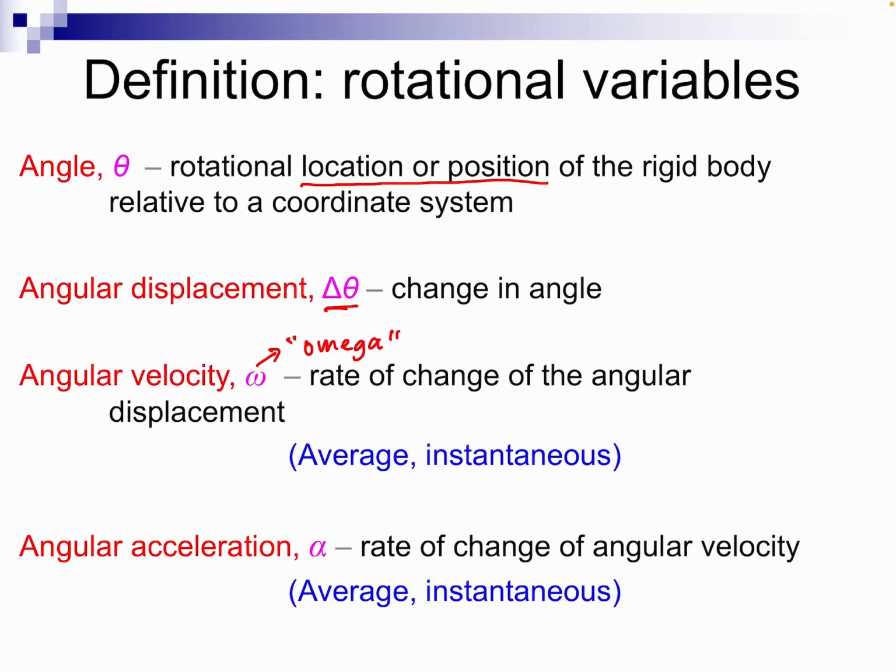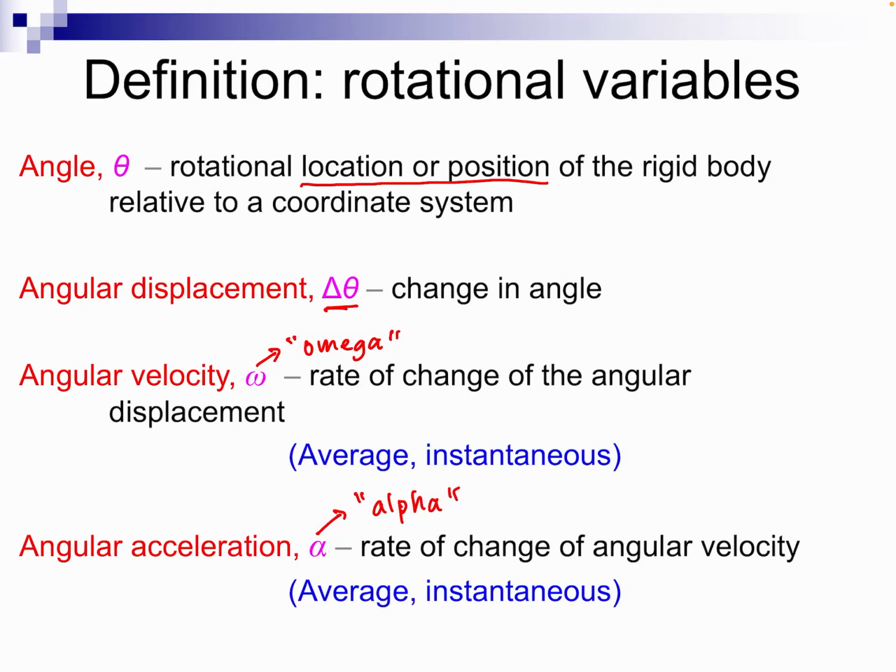We will define average angular velocity and instantaneous angular velocity. And then the rate of change of angular velocity, angular acceleration, we'll use this Greek symbol alpha to designate angular acceleration. Again, we will define average angular acceleration and instantaneous angular acceleration.